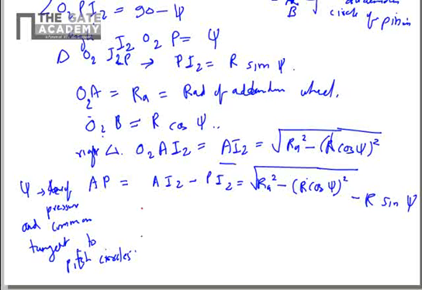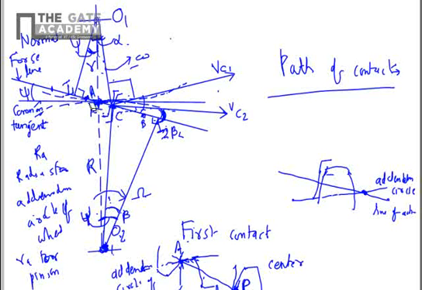From the similar derivation, you will get BP equal to BI1 minus PI1. So I1P is again equal to small r sin xi. This is a triangle with angle xi.